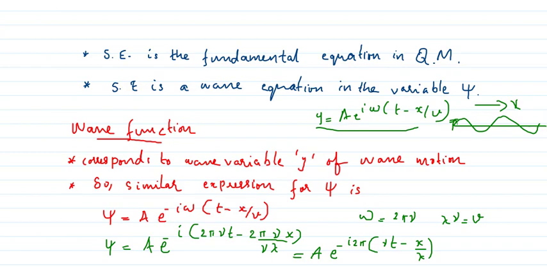Before going into the details, we will just modify this equation from the fundamental values. You know that omega is 2 pi nu and v is nu lambda. Applying it here, you can take out 2 pi, so it will be a e raised to minus i 2 pi nu t minus x by lambda.